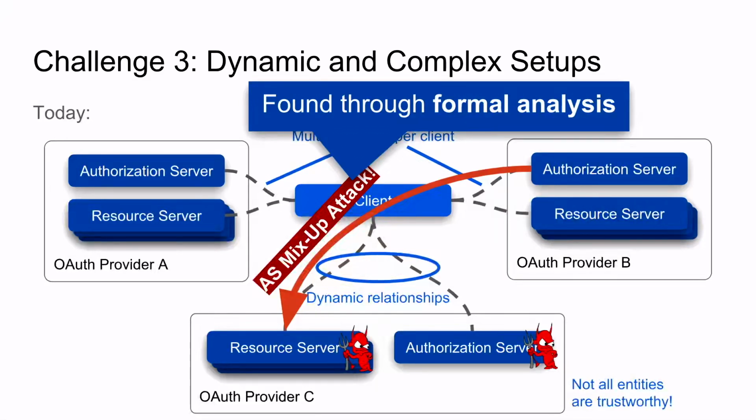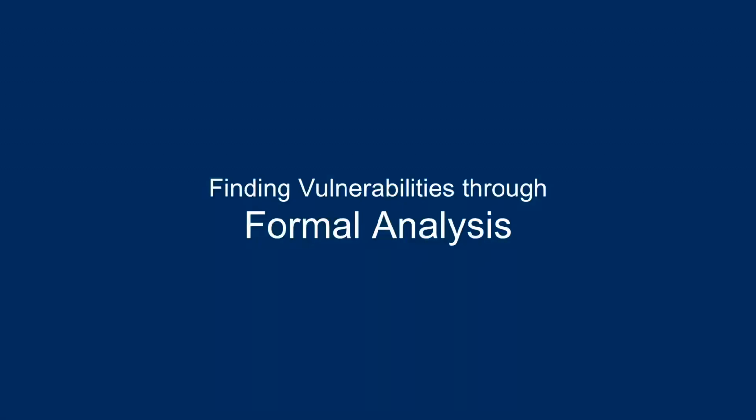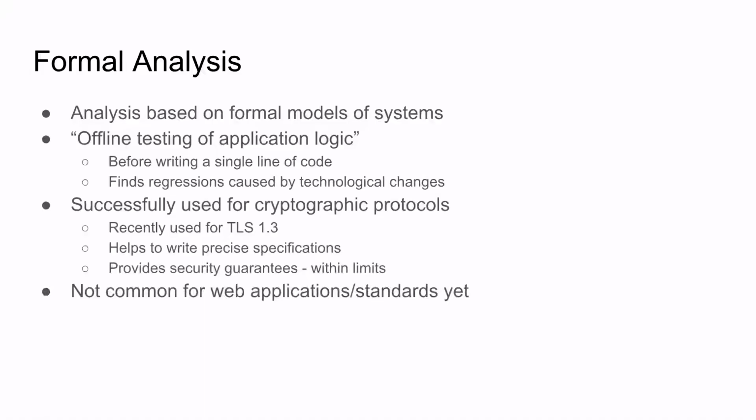So let's briefly talk about formal analysis. So what does it mean? As a practitioner, you might not have a precise picture of what formal analysis is. So I will try to give you an idea of how that works. Formal analysis means you build a formal model of some system, and then you do some analysis on top of that.